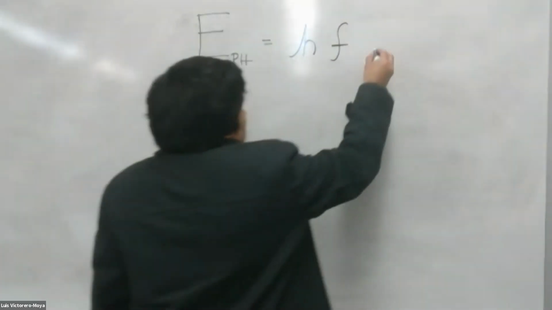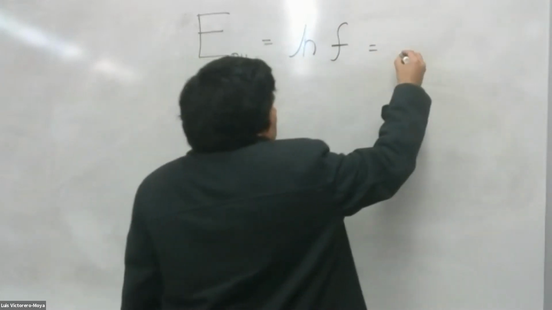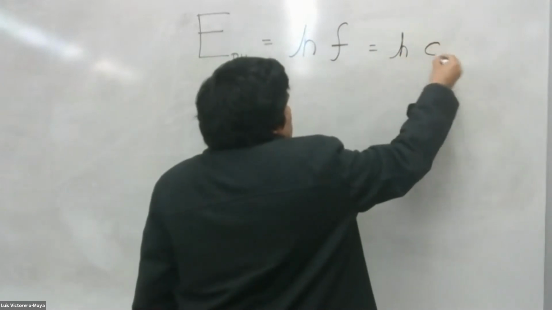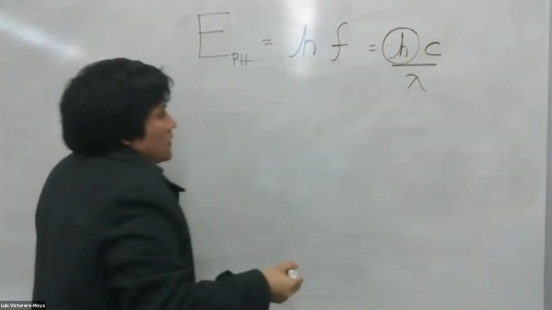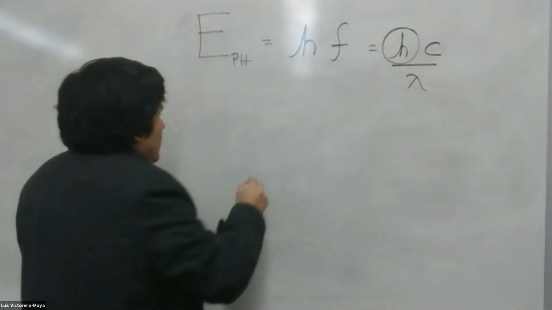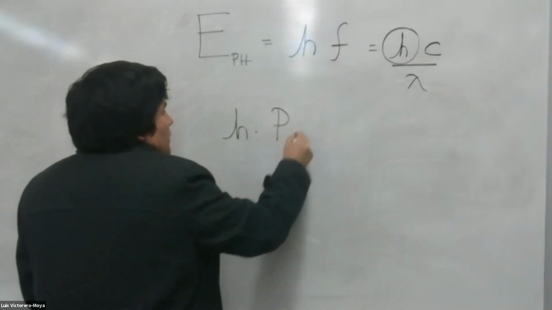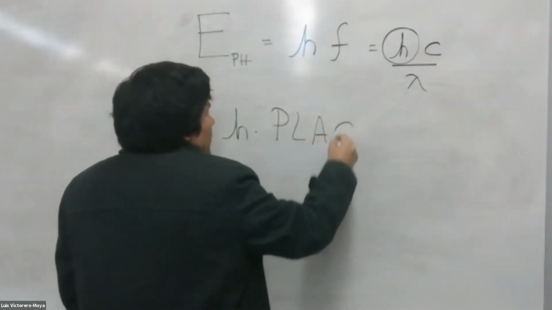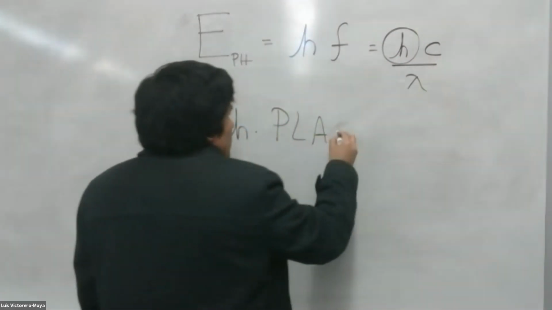Or, as we did before, c over lambda is frequency, so h c over lambda. Now, what's h? Well, you have probably heard this name. h is the Planck constant. It's another scientist from the golden era of physics, the beginning of last century.